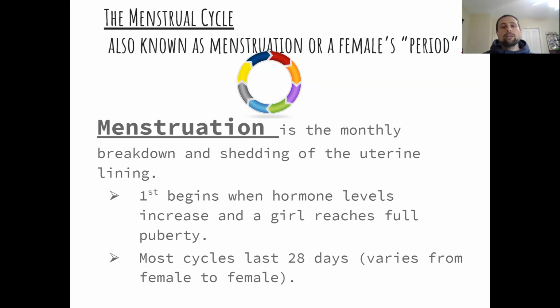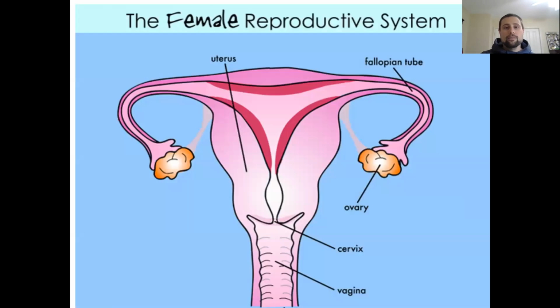Most menstrual cycles last 28 days, but this will vary from female to female, and they're not always regular. They can be inconsistent. If it's not normal and consistent, just understand that there are sometimes reasons for that, and you can always consult your doctor to understand more about the length of the cycle and why they are different.